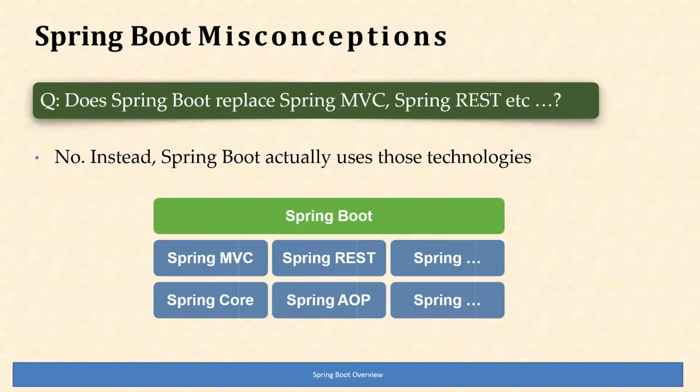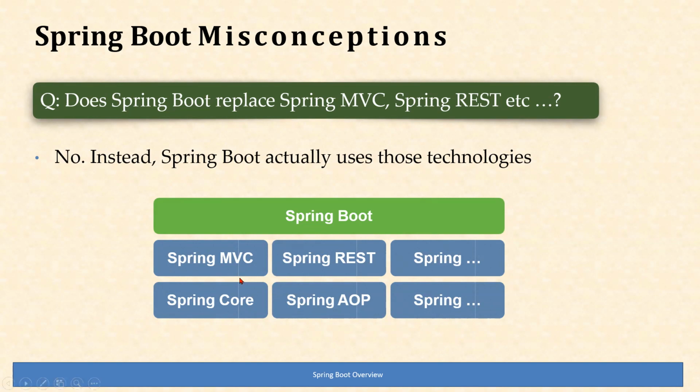No, not at all. Spring Boot actually uses these technologies, these Spring projects. These are all part of the Spring framework, right? So Spring Boot uses them and makes production-ready applications. It makes your development easy.